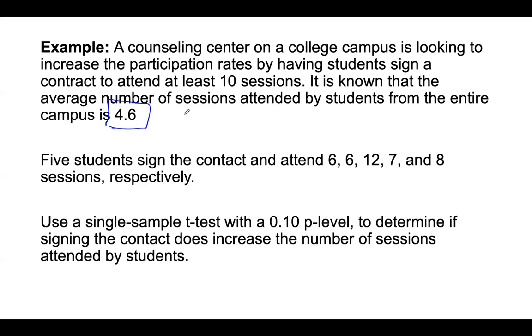We have 5 students sign the contract and they attend 6, 6, 12, 7, and 8 sessions respectively. Use the single sample t-test with a 0.10 p-level to determine if signing the contract has increased the number of sessions attended by students.